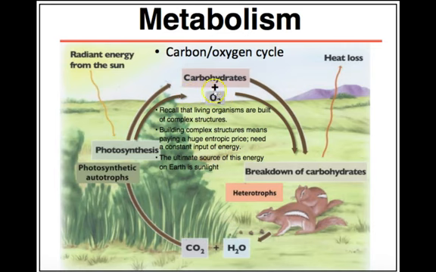That carbohydrates and oxygen gets broken down by heterotrophs, which releases carbon dioxide and water, and also a loss of heat, and thus feeds into photosynthesis, and the energy once again is coming back from the sun. So it's this cycle that keeps on going over and over.